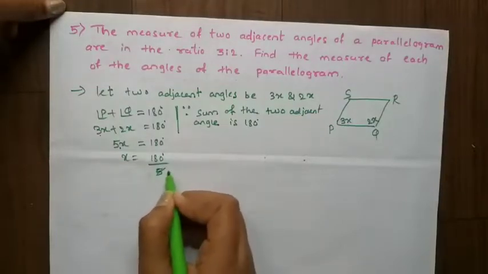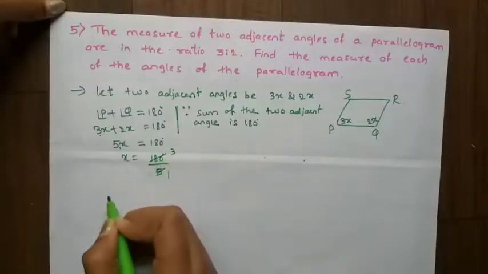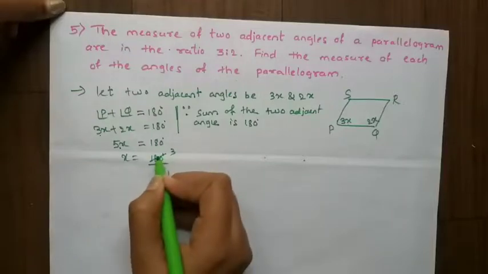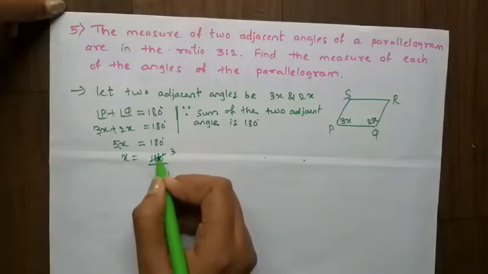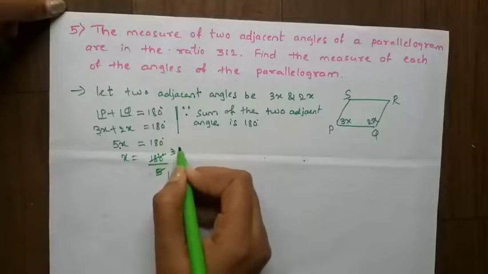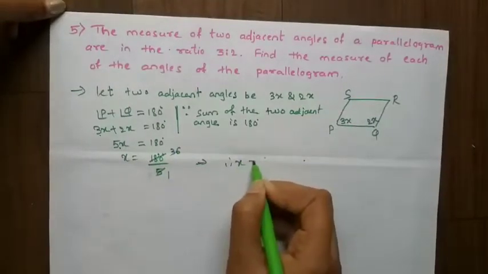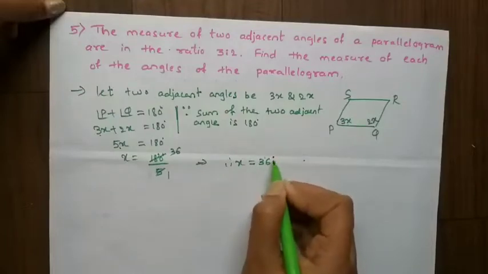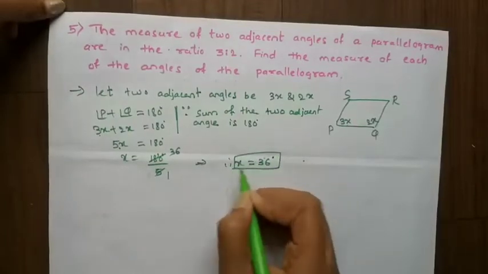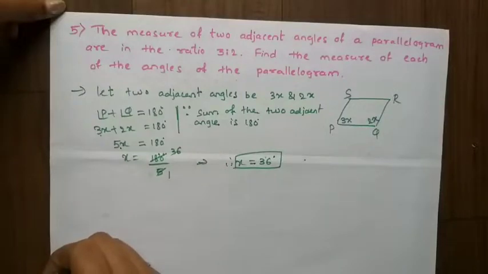So calculate here: 5 ones are 5, 5 threes are 15, so the remainder is 3. This means 30, so 5 sixes are 30. Therefore the x value is 36 degrees.